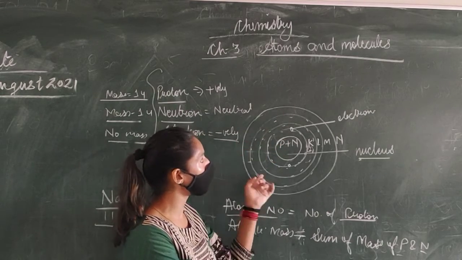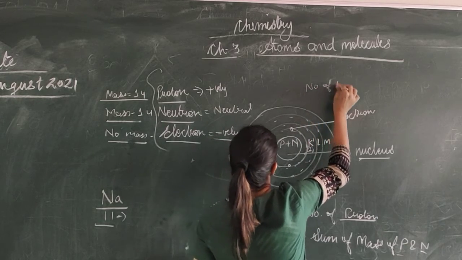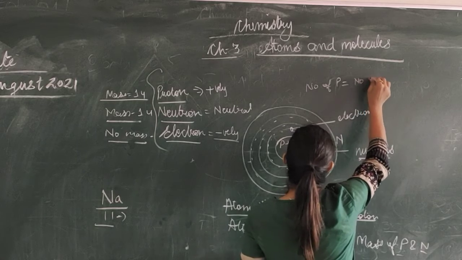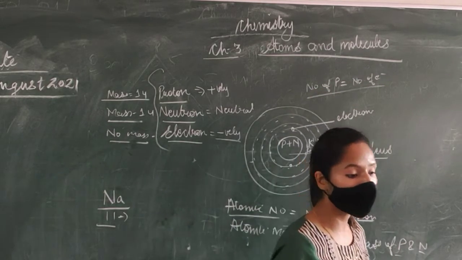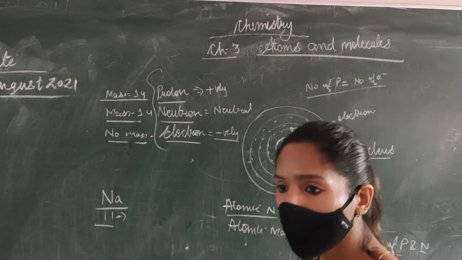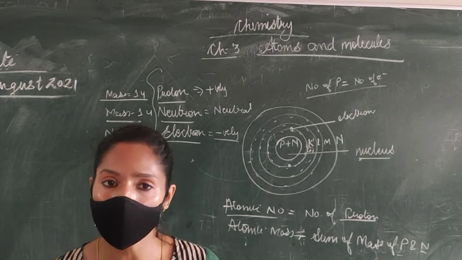In an atom, the number of protons will always be equal to the number of electrons. This is also fixed. A few things about an atom are fixed: an atom is the smallest divisible particle which takes part in a chemical reaction.